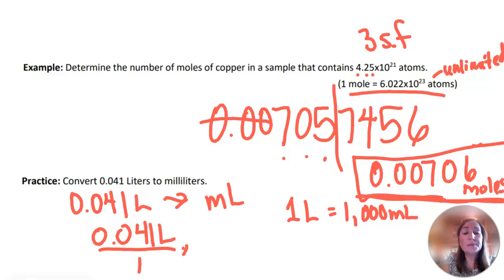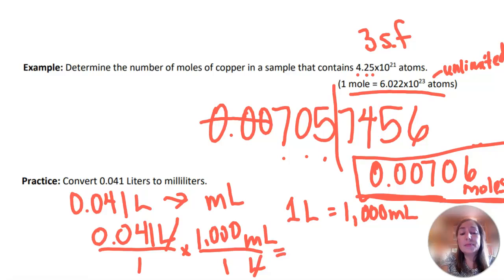We're going to put it over 1. We're going to bring down liters, and we're going to get to milliliters. So in 1 big liter, there are 1,000 little milliliters. Liters cancel. And then we should end up with 41 milliliters.